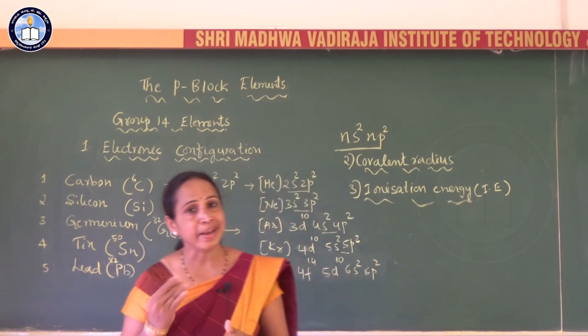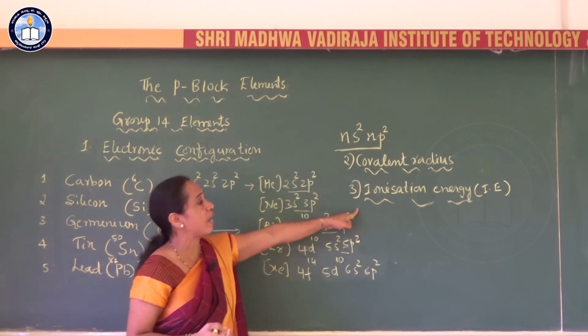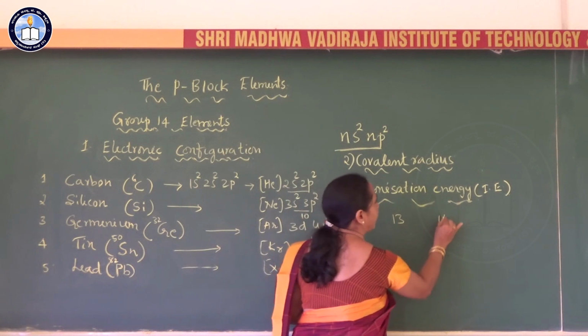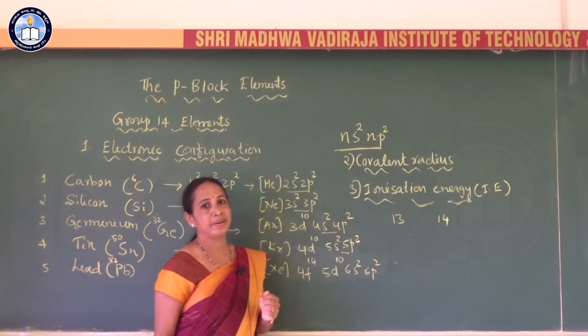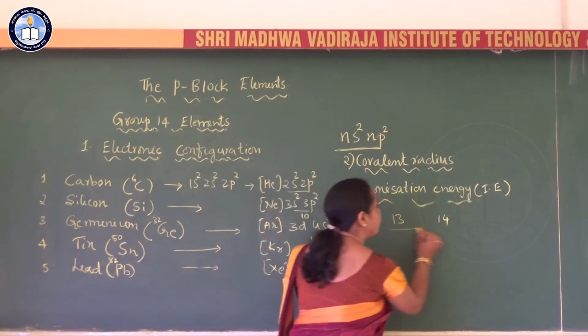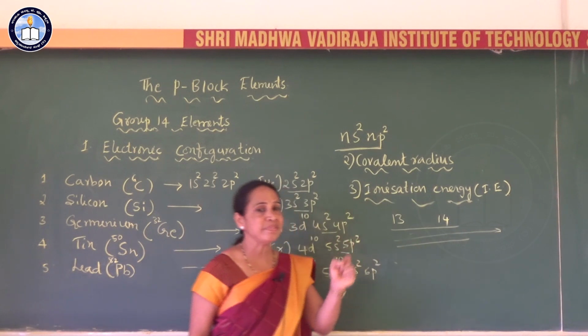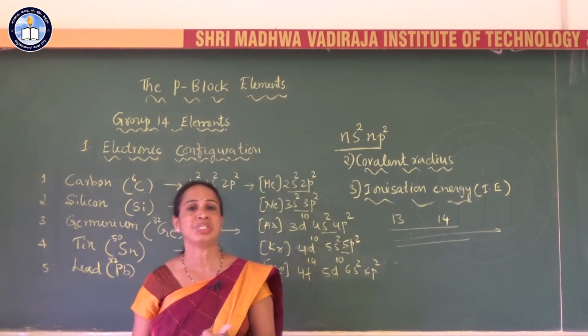If we compare the first ionization energy values of 13th and 14th group elements, which one has higher ionization energy? As you know, as we move from left to right in any period, size decreases. As size decreases, it becomes difficult to remove an electron.